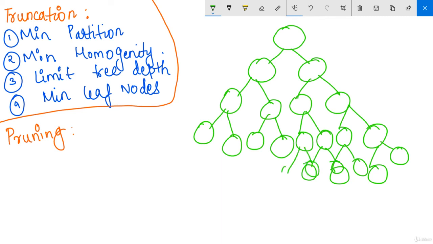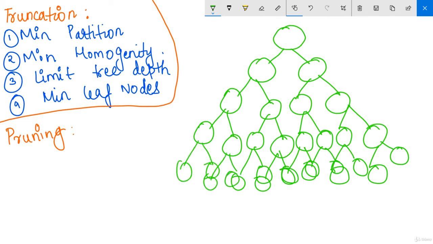This will be very complicated as you can see. Let it grow. So this is how it grows. It will keep on growing.